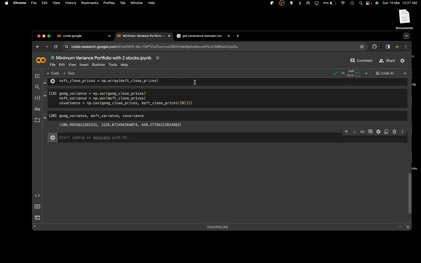All right, now let's move on. So now all we really need to do is implement the formula. Def min variance portfolio. Now I'm going to do this in a method, so that you can make it a bit more reproducible.